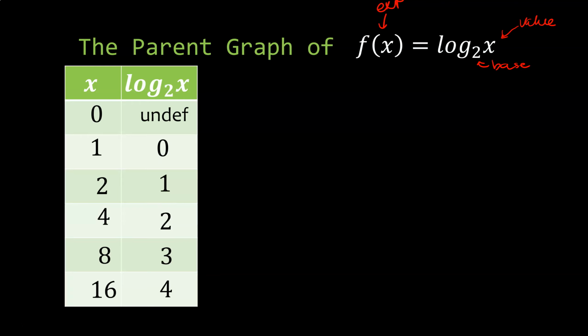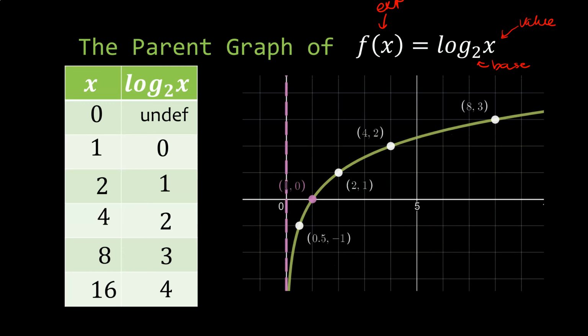So if you think back for a second to exponential functions, we notice the exponential function has a horizontal asymptote, right? So here the log function has a vertical asymptote because it's the inverse of the exponent.